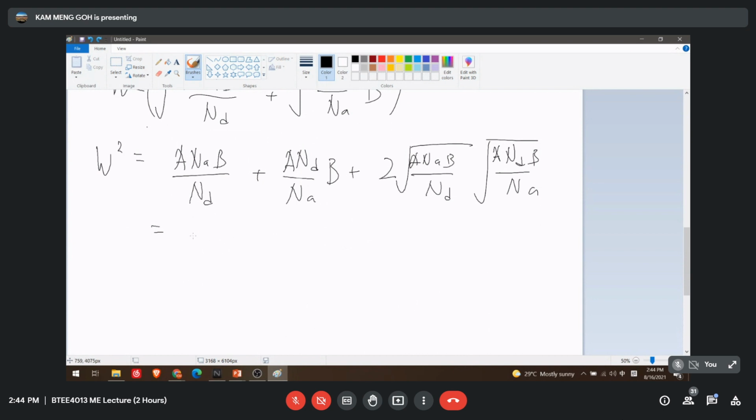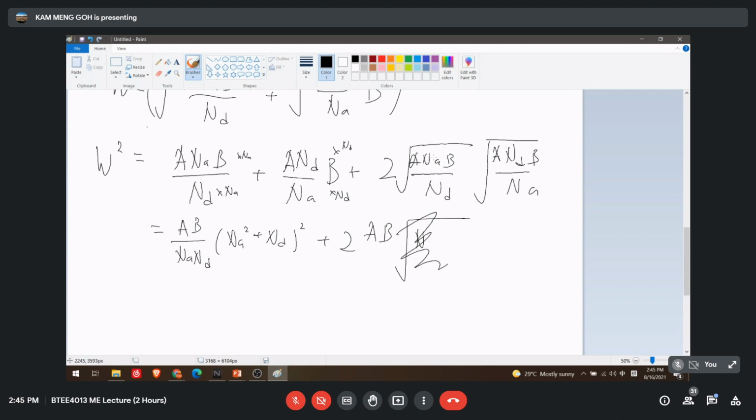So we do this first. This thing is multiplied by NA and ND. Then this one will be AB over NA and ND, times NA square plus ND square. And then don't leave out this 2 times the square root term, which has A and B, and also NA and ND cross terms, so those will all cancel. This is removed.